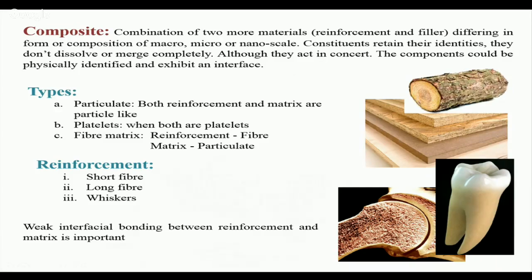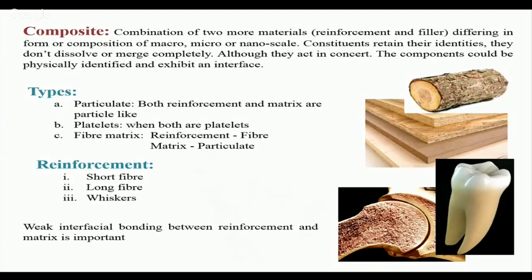Can anyone tell me what one material is? One is hydroxyapatite fibers, and another is collagen fibers. And this is a hybrid composite, where both act as matrix and reinforcement, collagen and hydroxyapatite.